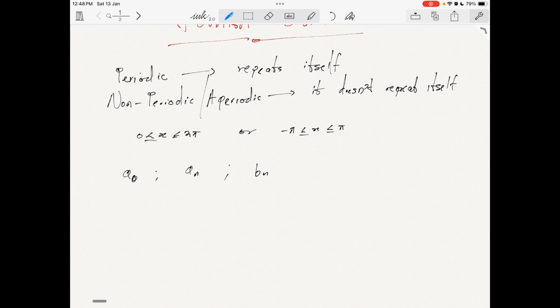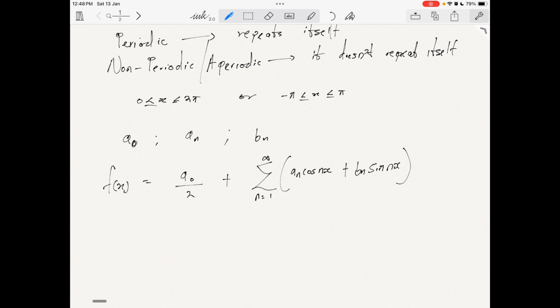Fourier series is represented by f of x is equal to a naught over 2 plus summation from n equals 1 to infinity of an cos nx plus bn sine nx. And we can see a naught as a constant term, then an and bn.